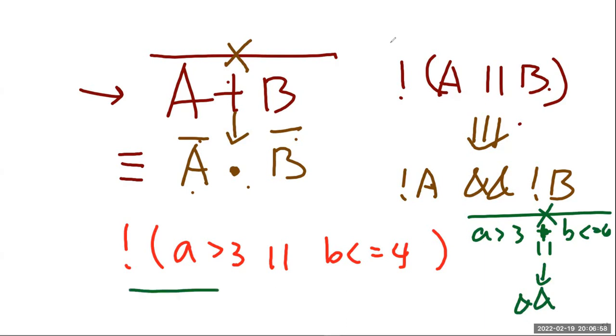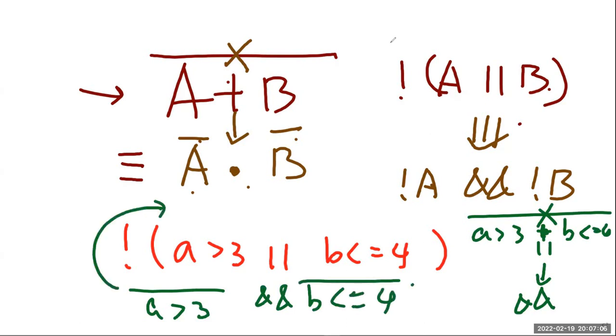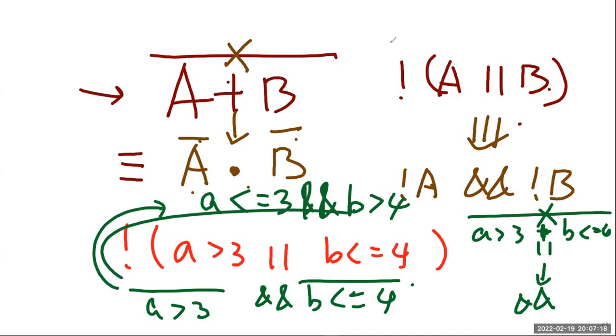So that becomes A not greater than 3 and B not less than or equal to 4. This whole thing becomes A less than or equal to 3 and B greater than 4. So eventually the original one is equivalent to this one.